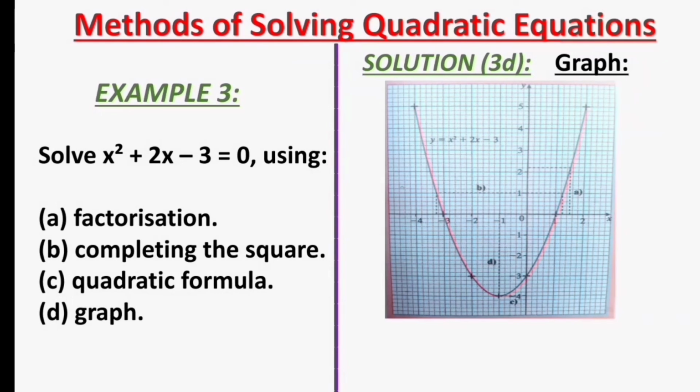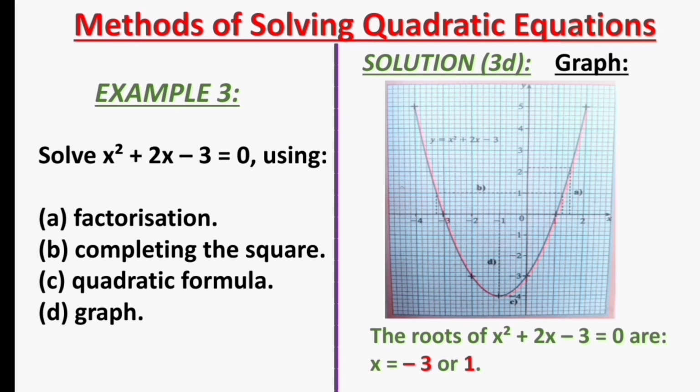From the graph, how can you tell the roots of the equation x squared plus 2x minus 3 is equal to 0? You can tell the roots of the equation from the point where the curve crosses the x-axis.